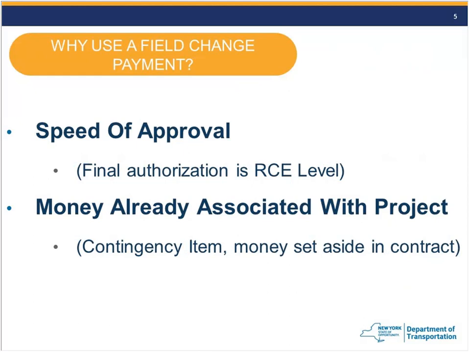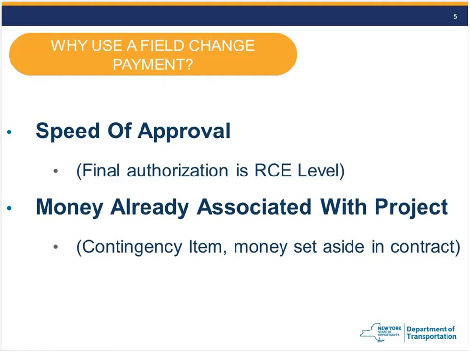It only goes to the regional construction engineer level. It doesn't leave the region. So if you're really desperate to get this done, you can pick up the phone and call a couple people in your office and probably get this pushed through pretty quickly. So we want to remember that it's a very speedy approval.